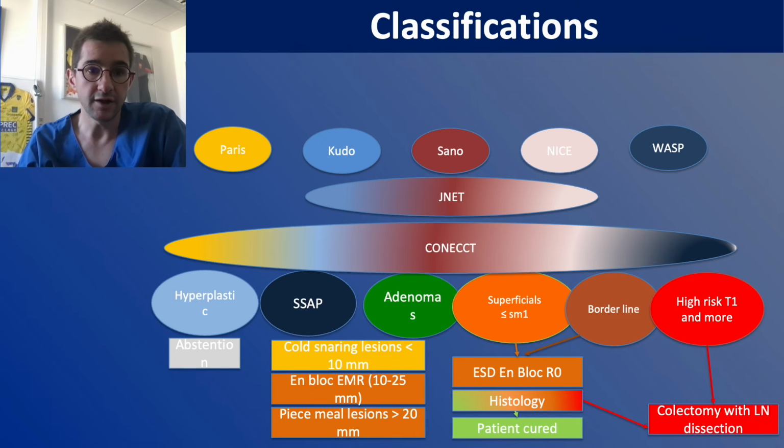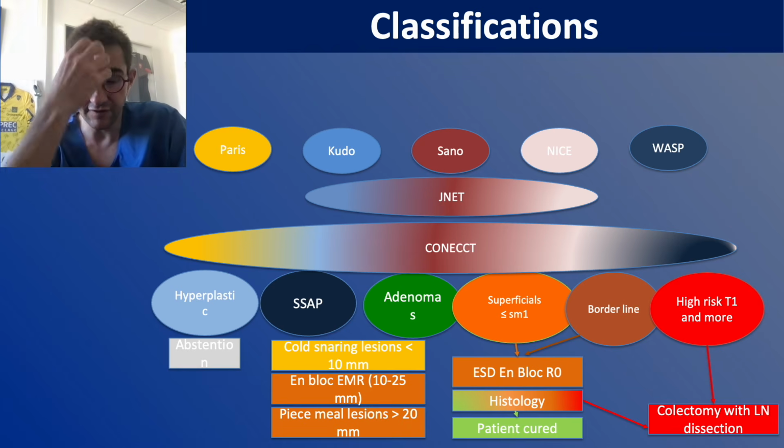So finally, our work will be to try to predict the histology in order to choose the best therapeutic. And for this, we have a lot of classifications which have been provided in time: Paris, Kudo, Sano, NICE, WASP. The GNet classification is trying to mix Kudo, Sano, and NICE criteria, but does not consider the Paris aspect.